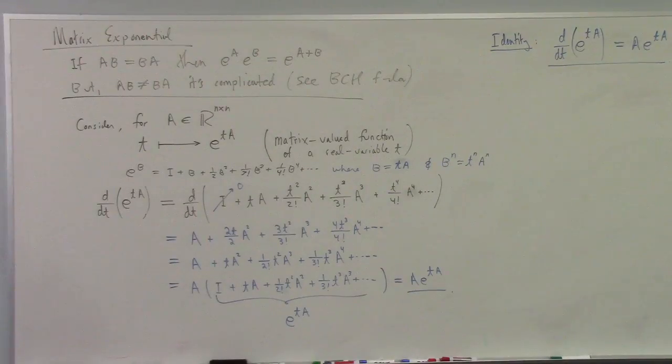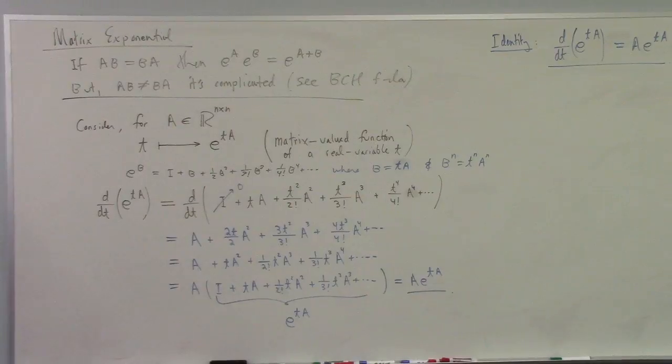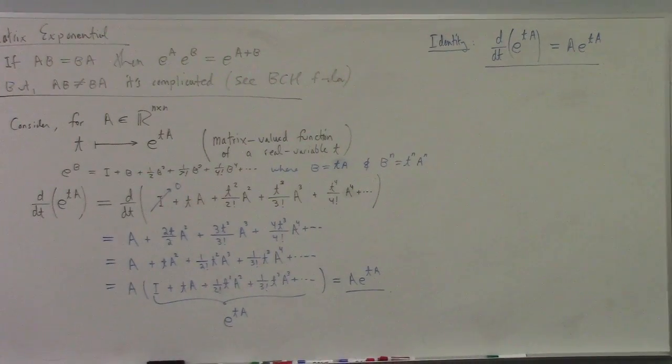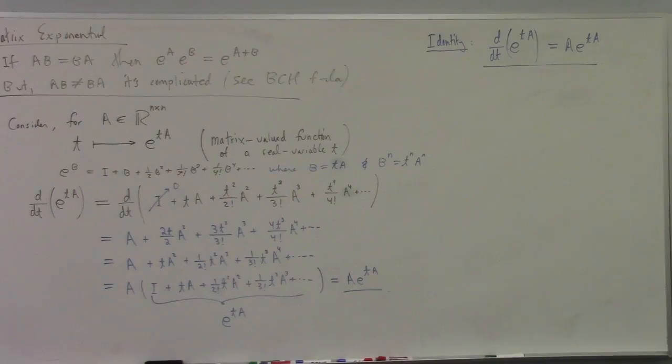Yep. A is a constant matrix. Yeah, right, A is a constant. So we don't have to worry about the product rule for matrices. If A was not a constant matrix, that would be a problem for advanced calculus. There's a lot more nuance in that problem.